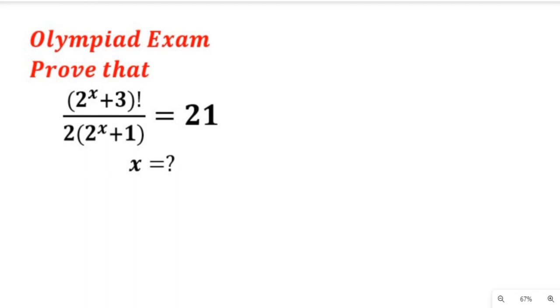But before we solve this, remember we are dealing with factorial. The question now is, what is a factorial?